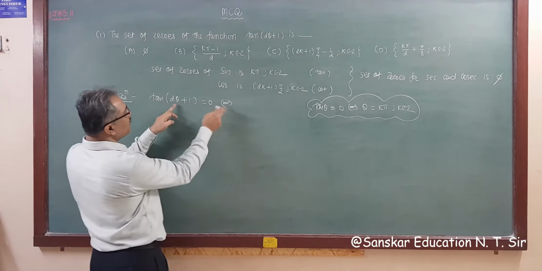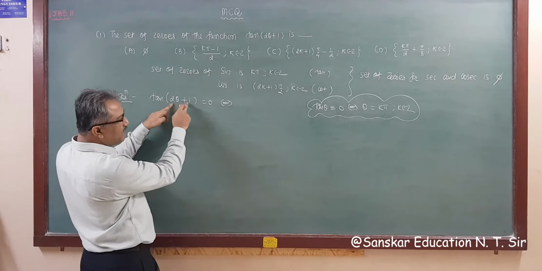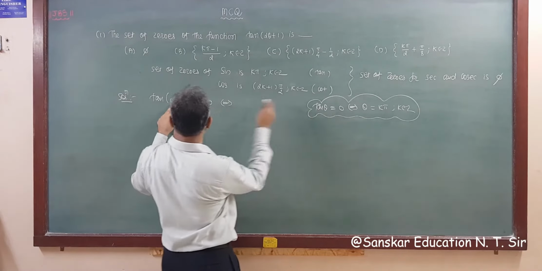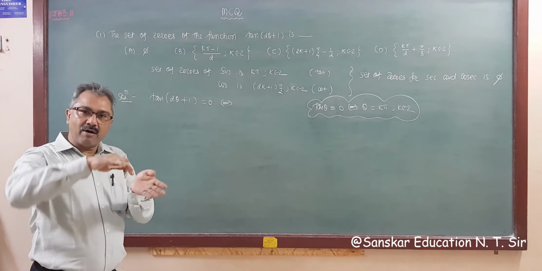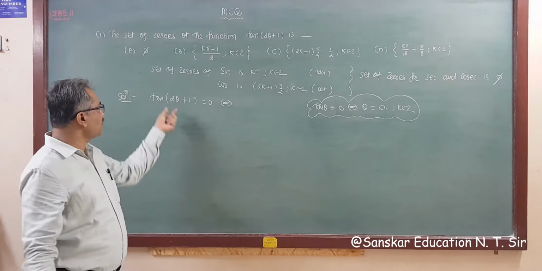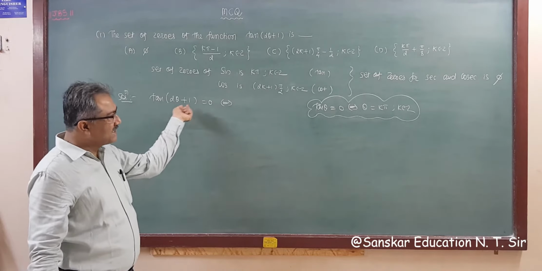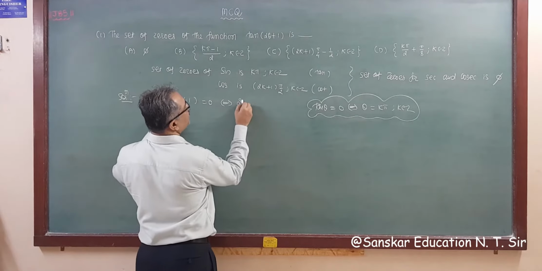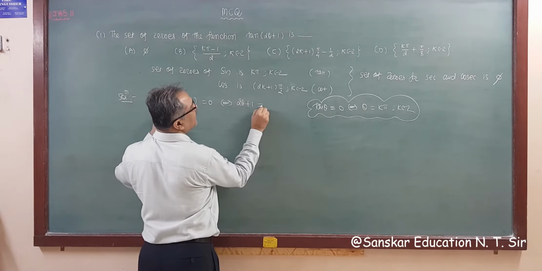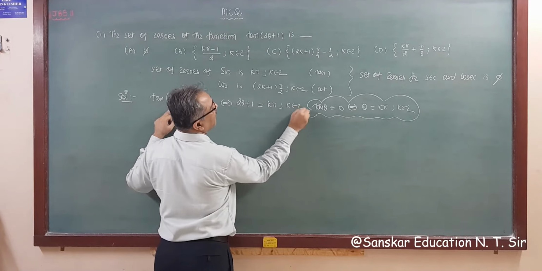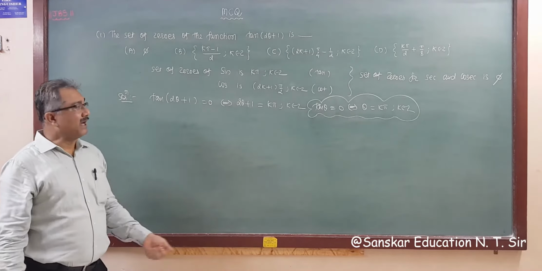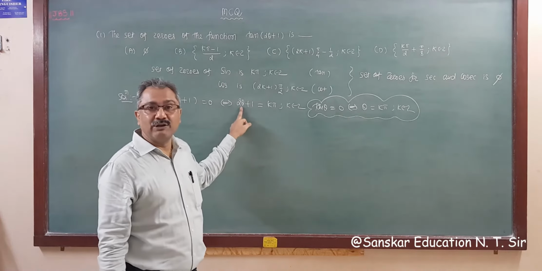So tan of this is equal to 0. After the trigonometric function, everything is your angle, so the angle 2 theta plus 1 is equal to k pi, k belongs to Z. Now from this we have to find the value of theta.